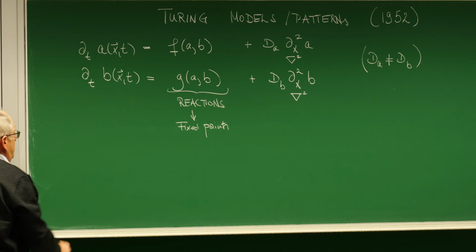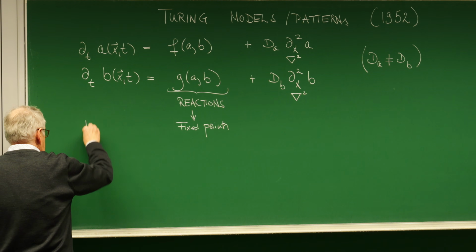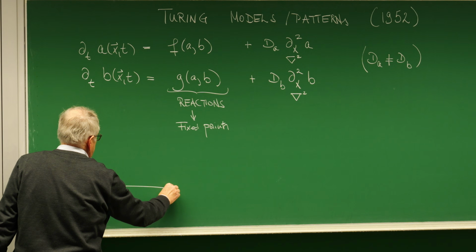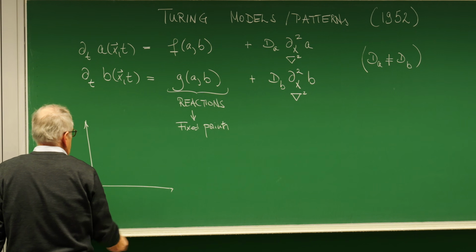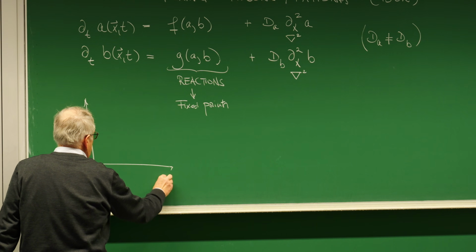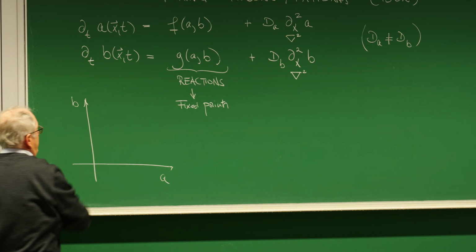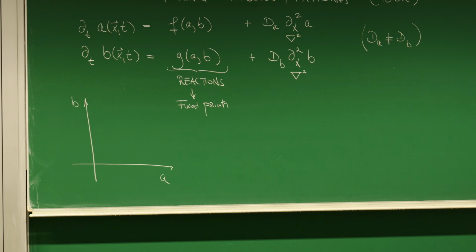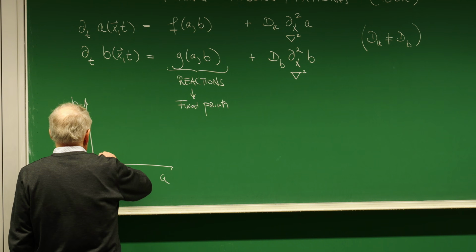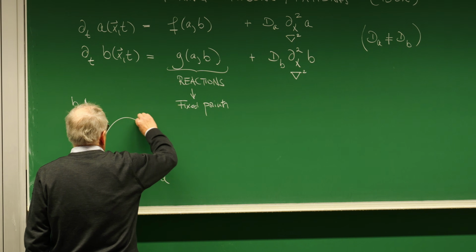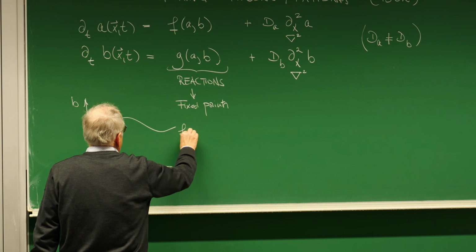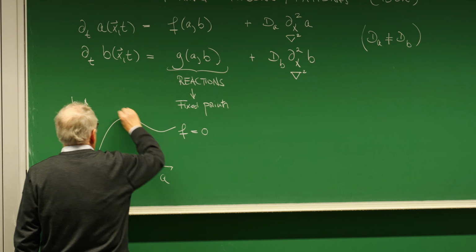All right, if you try and analyze the system, the best way to look at that is really in terms of phase space. So you plot here A and B as your dynamic variables. And then the fixed point, I'm just making this up. So let's say this is f equal to 0.